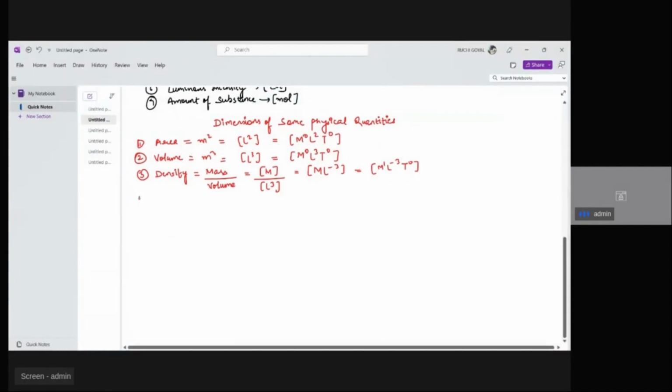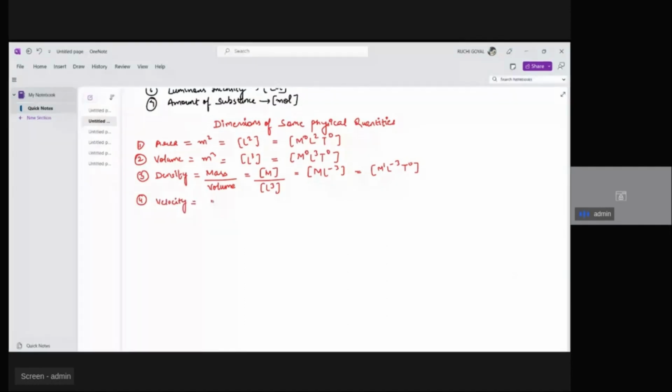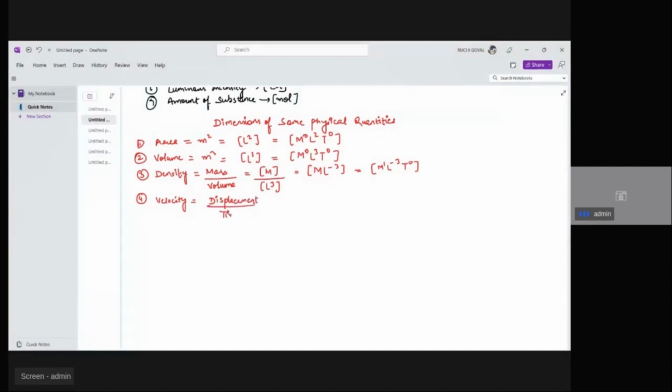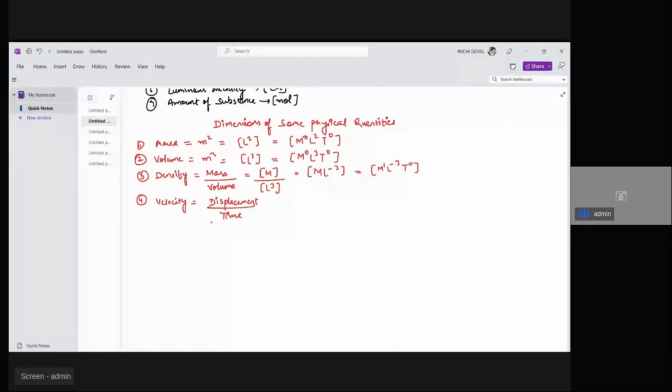Now next is velocity. Velocity is displacement upon time, right? Or we can say speed. So speed is meter per second, right?